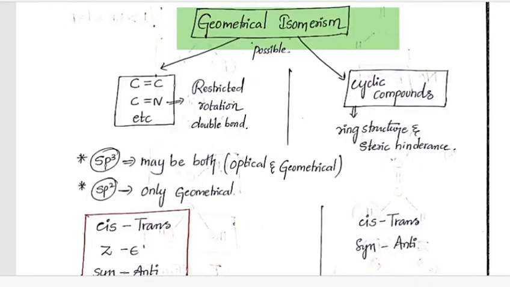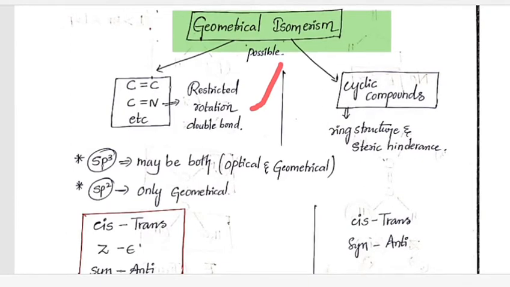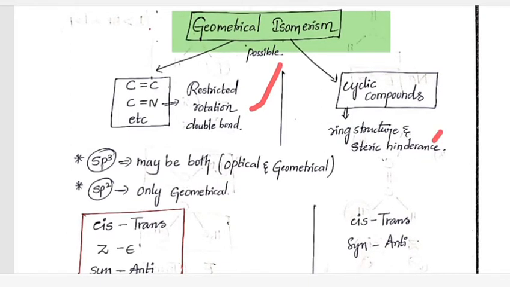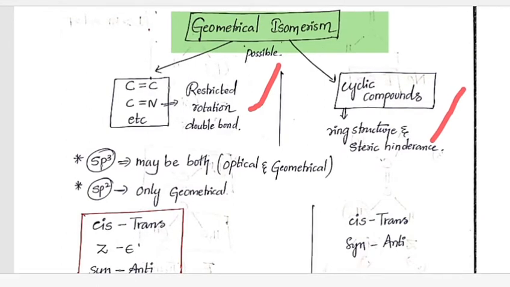Now have a look at geometric isomerism. Here C double bond C and C double bond N are some examples of geometric isomerism compounds. Because of the presence of a double bond, there is a restriction on the rotation of the bonds. Cyclic compounds like ring structures and steric hindrance are involved in geometric isomerism.